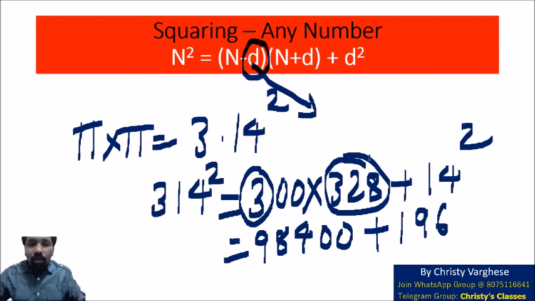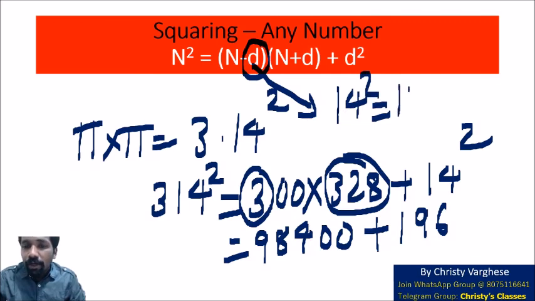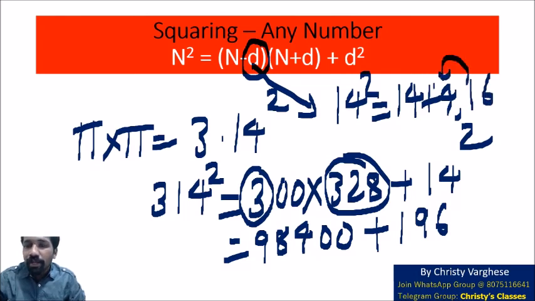Or using the last class idea, 14 plus 4 comma 4 square 16, but this 1 should be taken to the next step, that is 196.